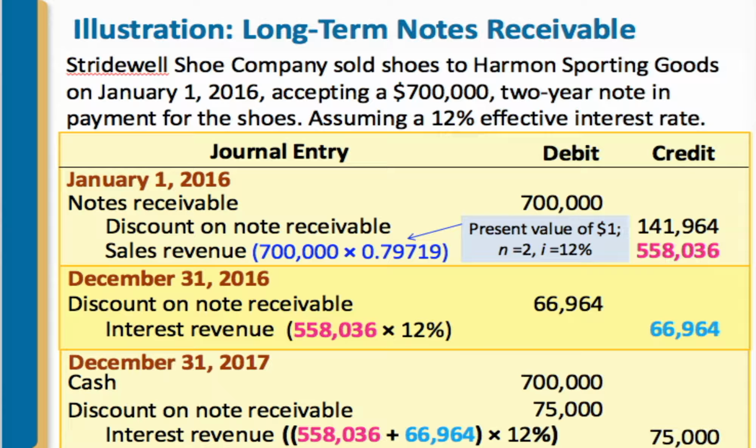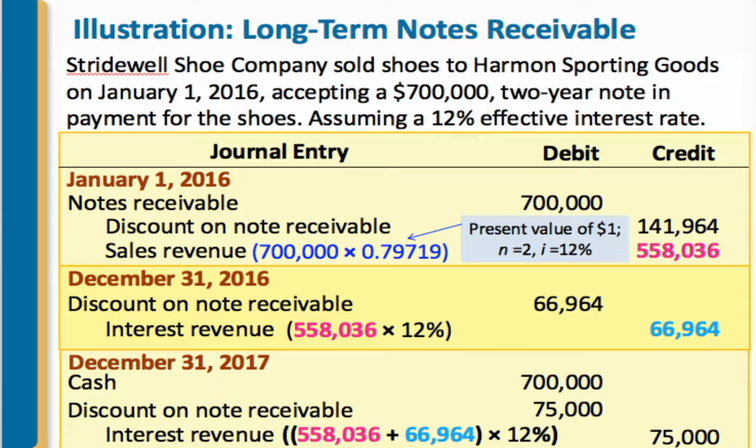We reduce the discount on note receivable for 2016 interest revenue, which increases the net note receivable balance to $625,000. So, Stridewell's 2017 interest revenue of $75,000 is calculated based on that higher net note receivable balance, thus reducing the discount on note receivable to 0 by the end of 2017.